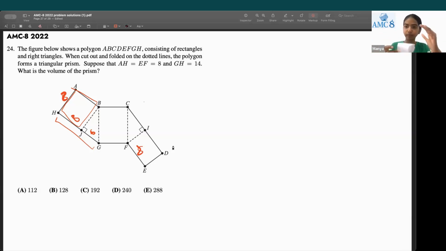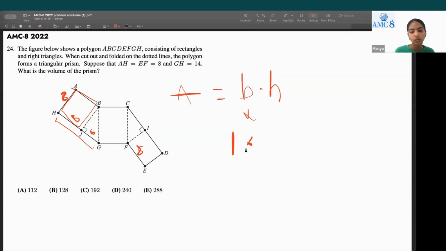Here, we need to find the volume. The volume is equal to base area times height. In this model, which I labeled, this is the base here, and it's equal to 6 and 8.